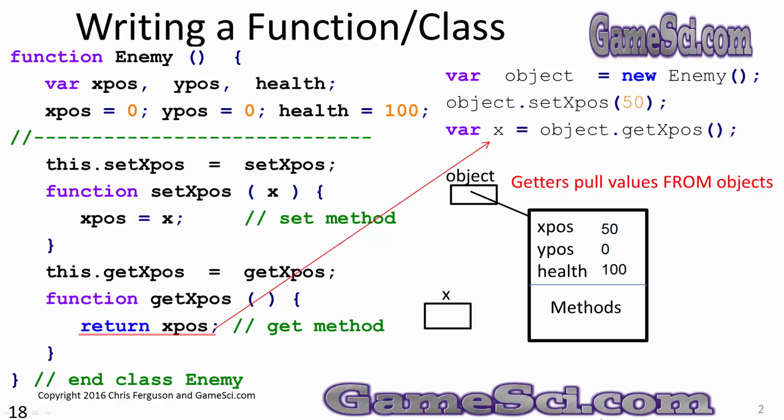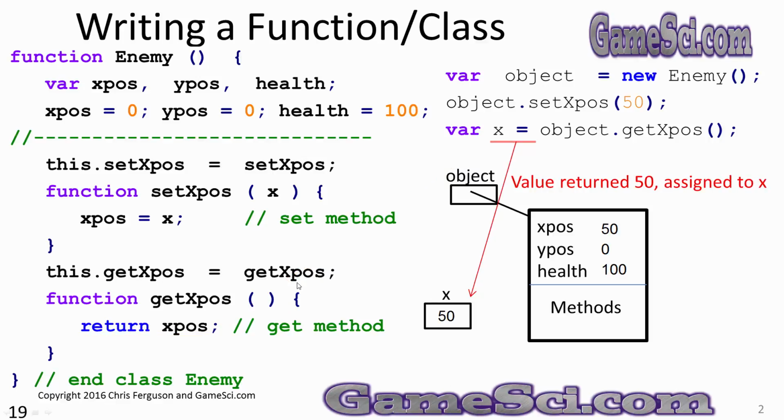I did not have room to show it to you, but I would expect a full and complete class would have a get y position, which pulled the current value of y out of the object, and a get health method or function that pulled the current value of health out of it. Getters pull values from objects. Setters put them in, getters pull them out. So I pulled the 50 out of the object, I sent it back to the calling routine, so the value returned is assigned to x.